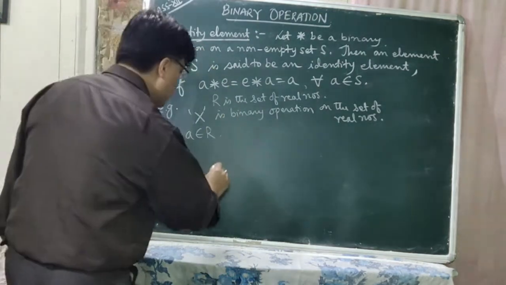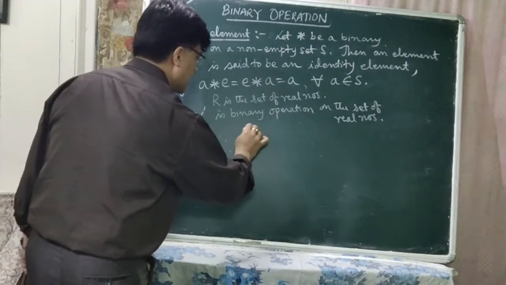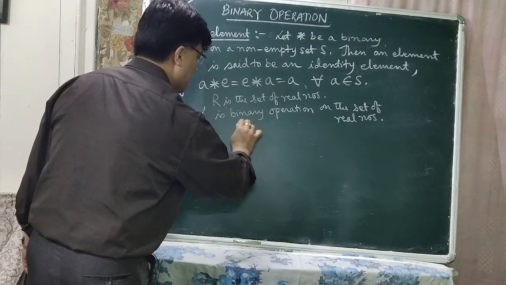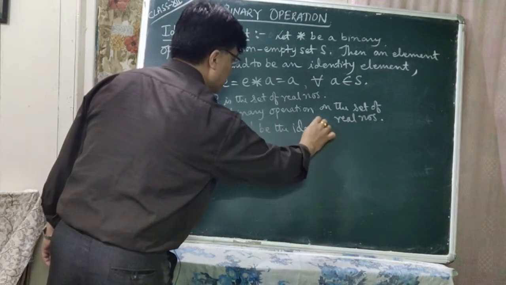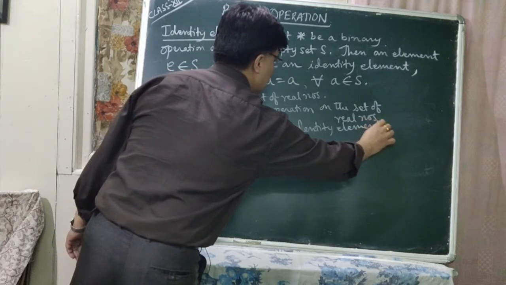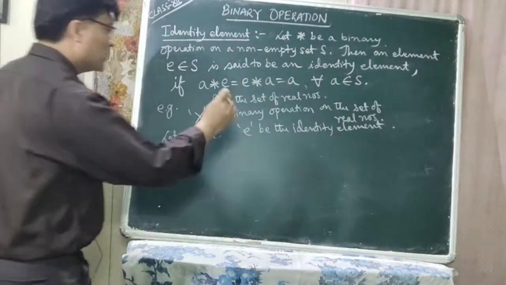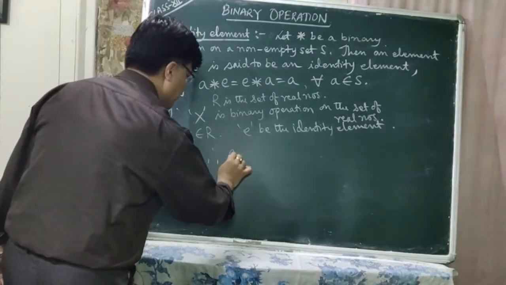Now you know that multiplication is a binary operation, so let E be the identity element. Here the binary operation is the multiplication sign.